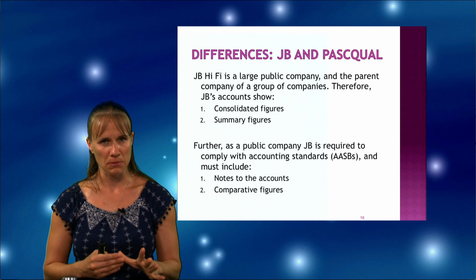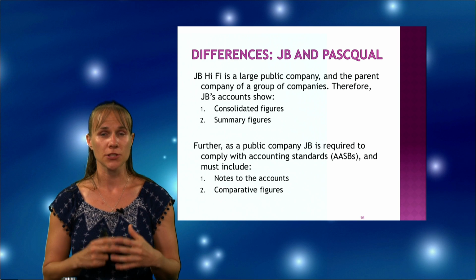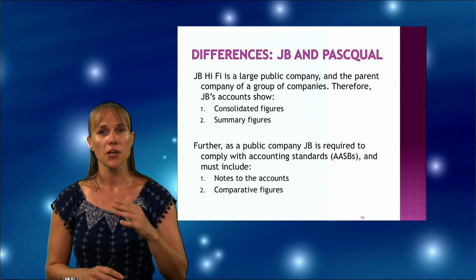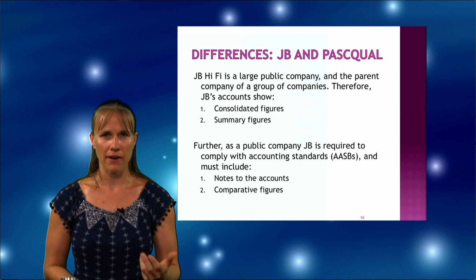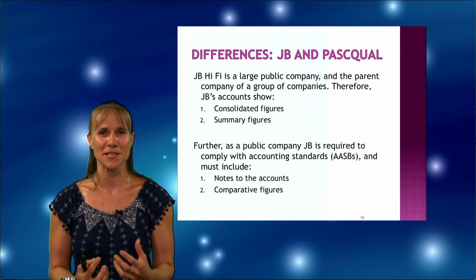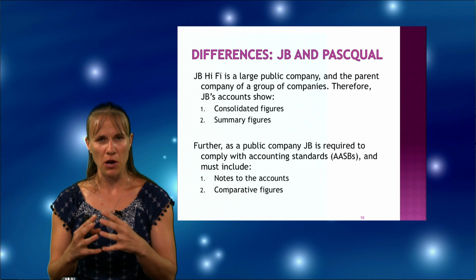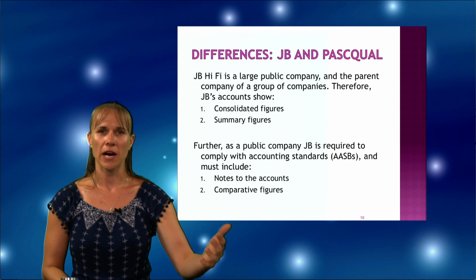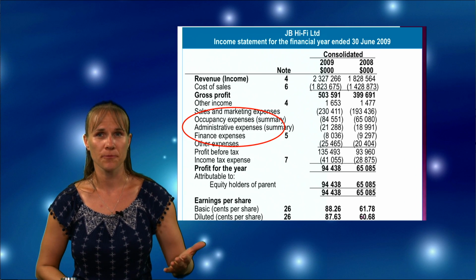Also, as a public company, JB is complying with accounting standards, and what they have to include is notes to their accounts and comparative figures. So it's a really different set of requirements around JB Hi-Fi and what they're reporting, as opposed to Pascal, the sole trader, who really doesn't have to do a lot.